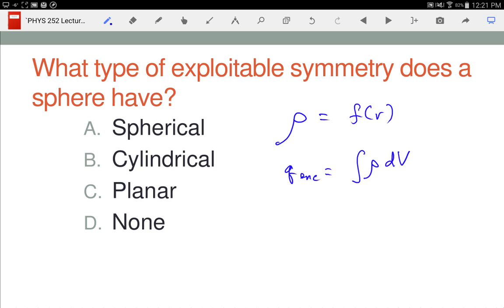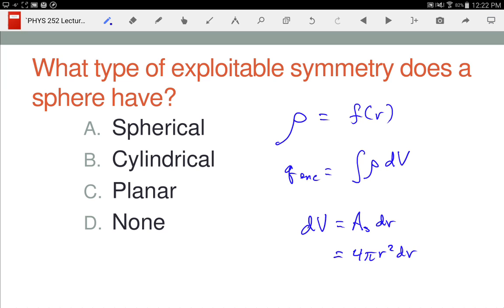That's a three-dimensional integral, or, because the problem is spherically symmetric, you can say dV is the area of a sphere times dr. We just saw the area of a sphere is 4 pi r squared, so dV is 4 pi r squared dr, and the charge enclosed is the integral of rho times 4 pi r squared dr. So you can do that calculation.